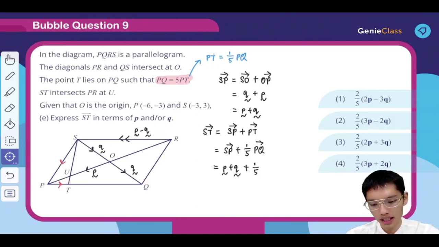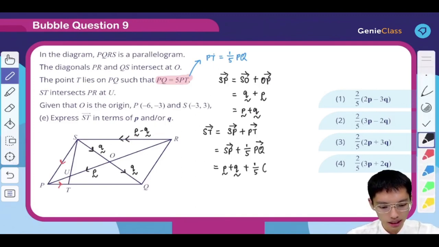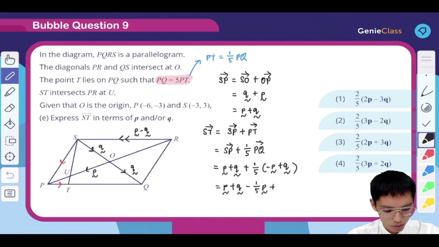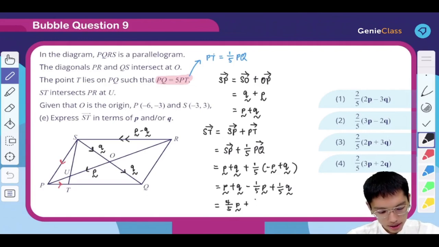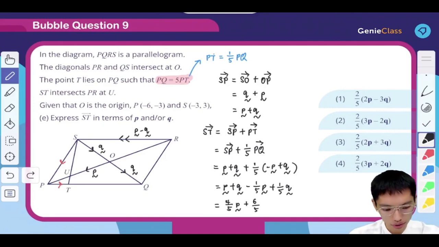So I multiply this by -1 to get negative P plus Q. And from there, we manipulate over here. We are going to get P plus Q minus 1 over 5 P plus 1 over 5 Q. Add them up, you are going to get 4 over 5 P plus 6 over 5 Q. Sorry for that, 4 over 5 P plus 6 over 5 Q.